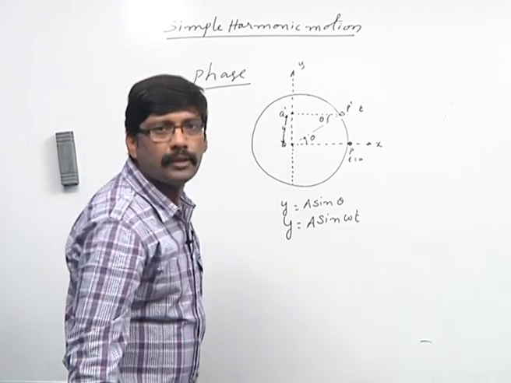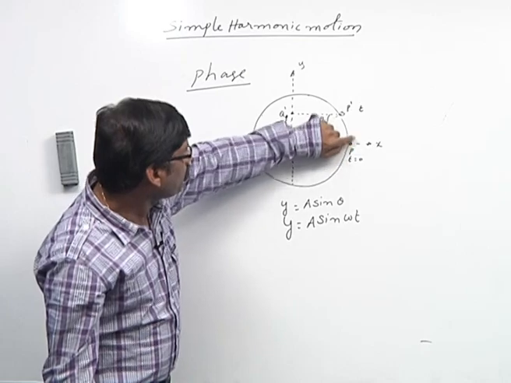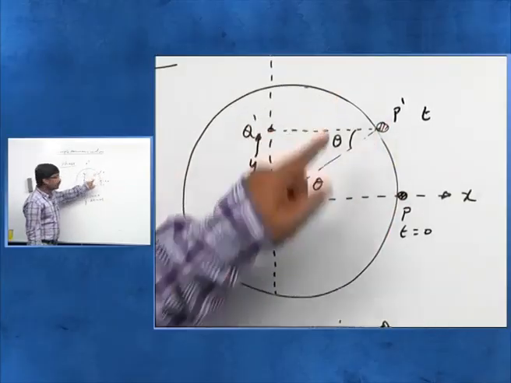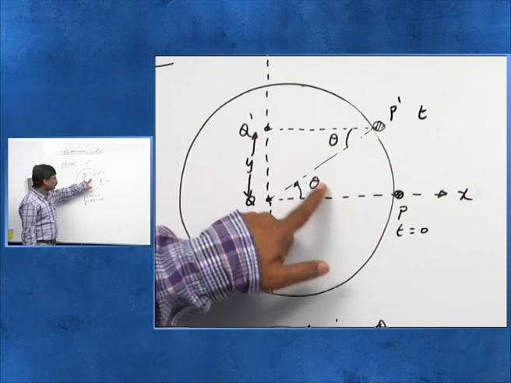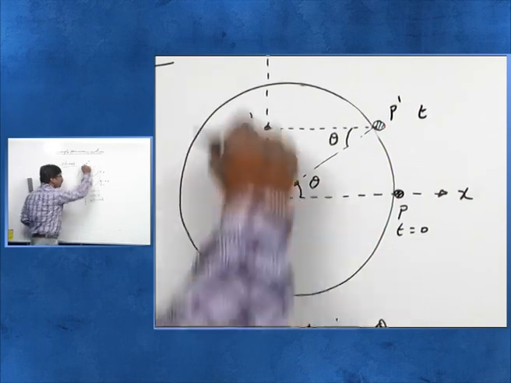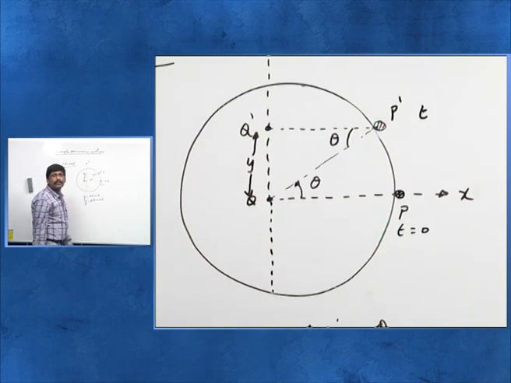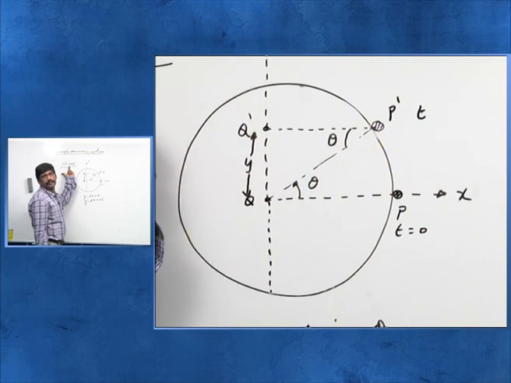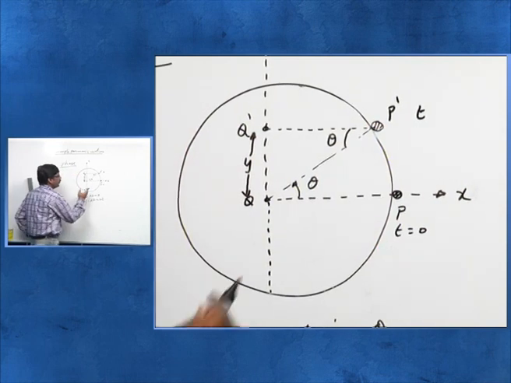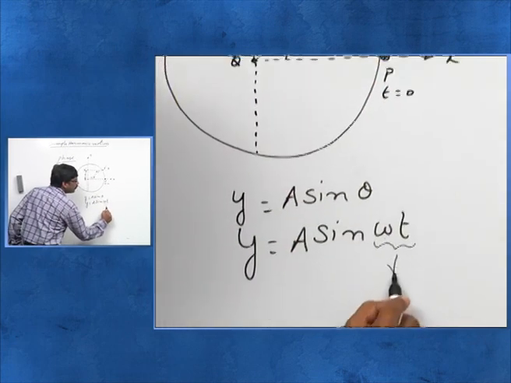Now, in circular motion theta is called angular displacement, but with respect to Q, which is oscillating along the y-axis, this same theta is called phase, or phase angle. That means this omega t is called phase.